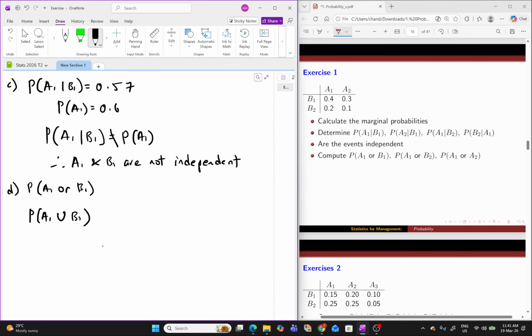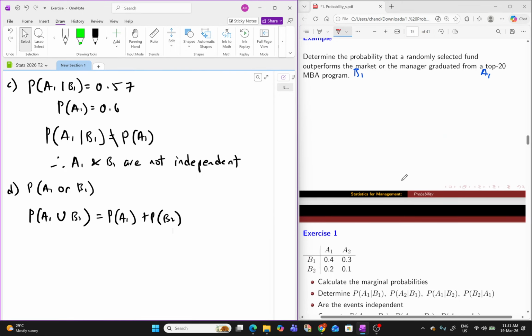So for A1 or B1 the formula is P(A) plus P(B) minus P(A intersect B).